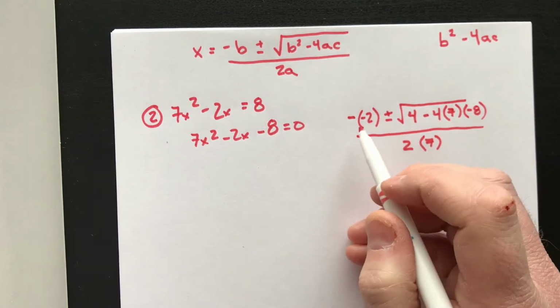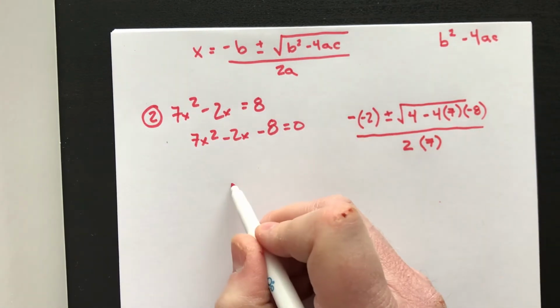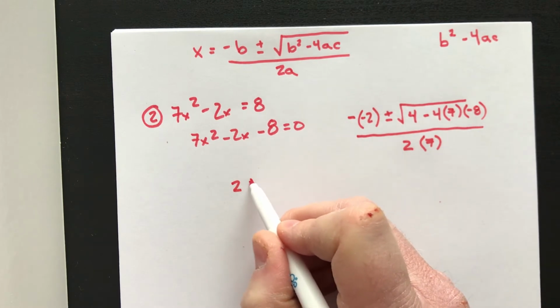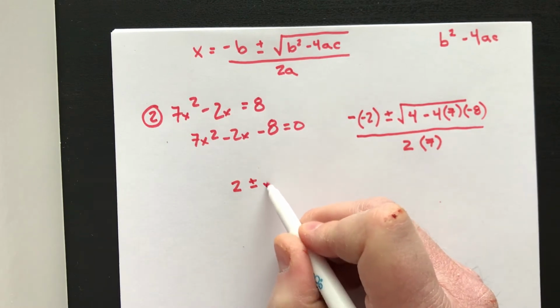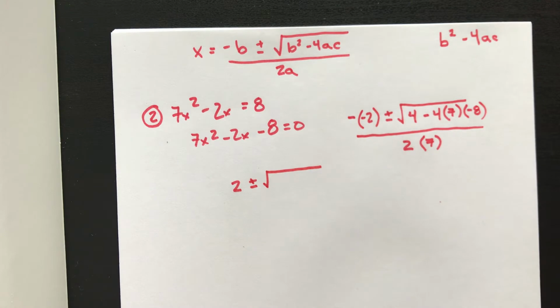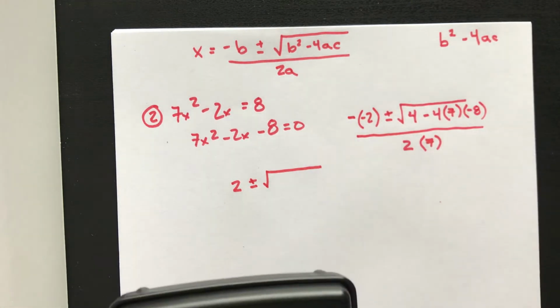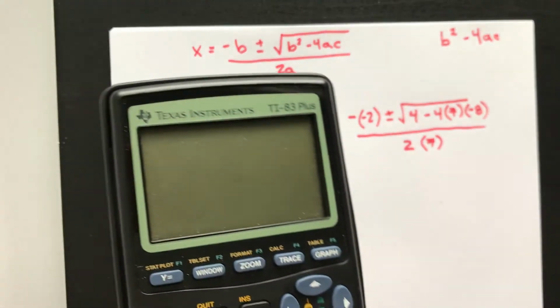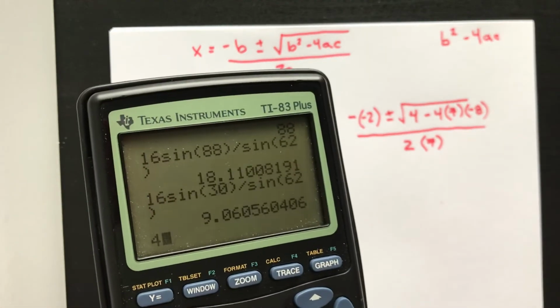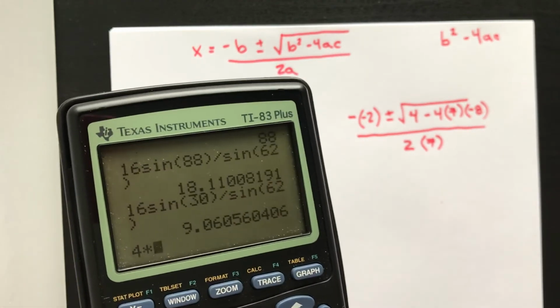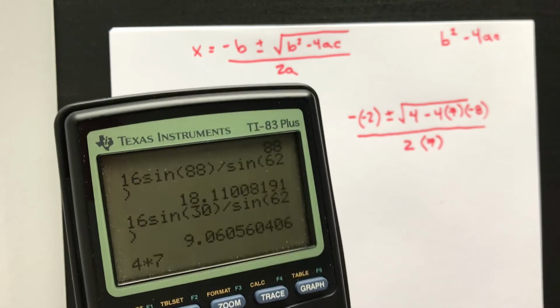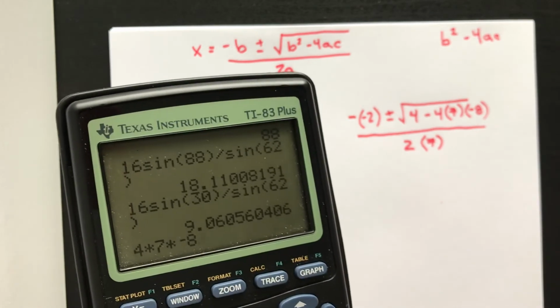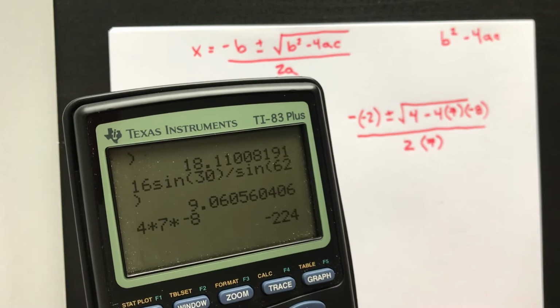So I'm just going to kind of do this one step at a time. So this becomes a 2 plus or minus the square root, all right? I'm going to get my calculator here. So we have 4 times 7 times a -8. I get -224.